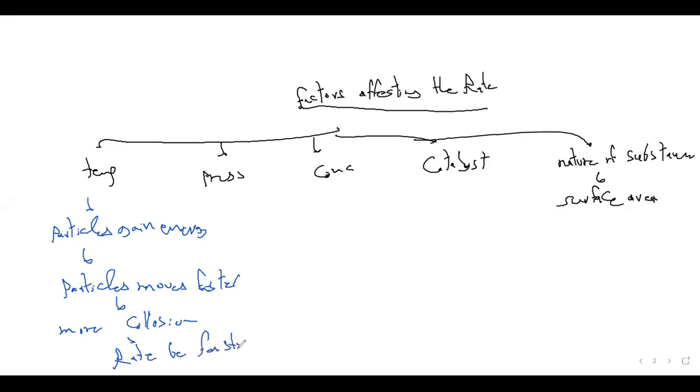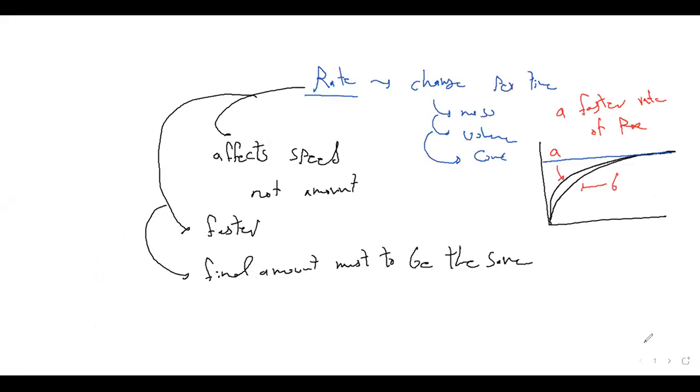Again, for the rate of reaction, we said that rate means change per time: change in mass per time, volume per time, concentration per time. And rate affects speed, not amount.